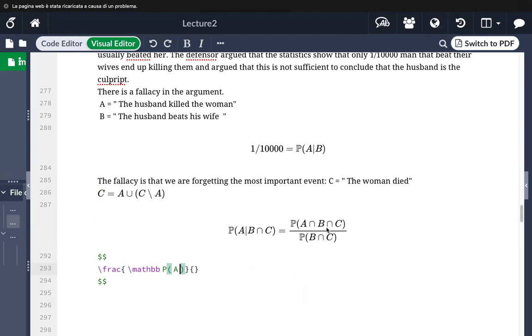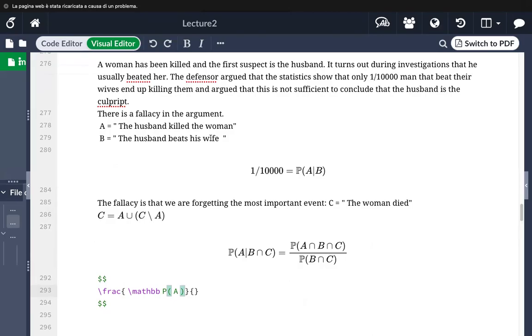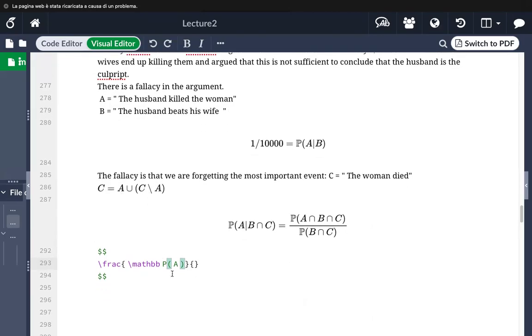A is contained in C because A is the event that the husband killed the woman, and C is the event that the woman died.